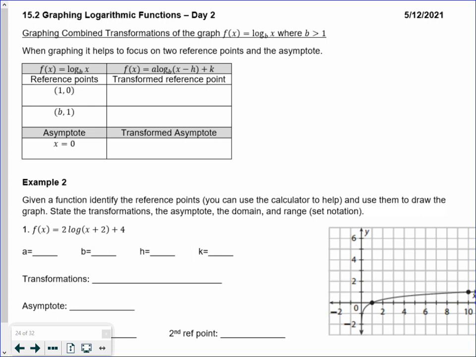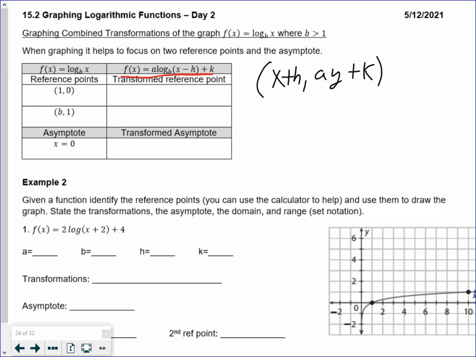So our general equation for the transformed function of a logarithmic function is right here: f of x equals a times the log base b of x minus h, plus k. And our transformation rule is still going to be the same thing: x plus h, comma, a y plus k.